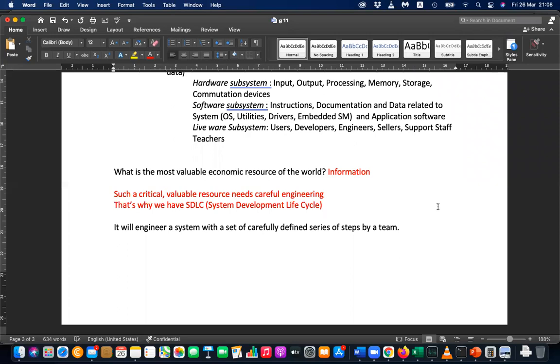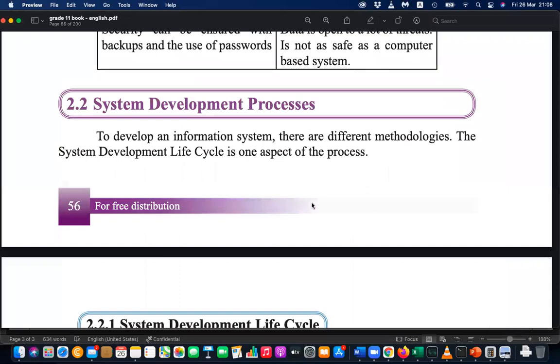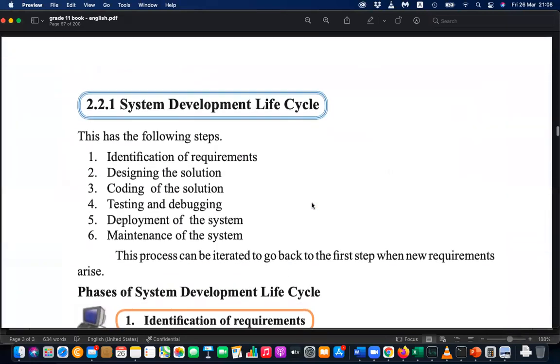So now we know the system, and why it needs an engineering process. Let's go and learn what these steps are. Here you can see the steps in SDLC. This will not take much time, surely within the next day we can finish the lesson.